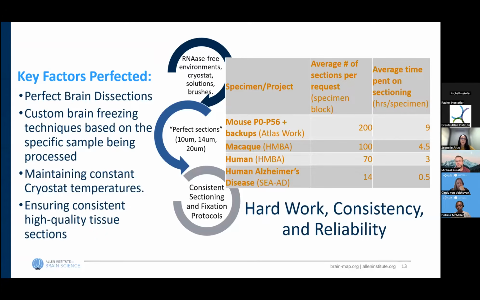Also, for example, for the macaque, we take 100 slices and we take an average of 4.5 hours. For the human sections that we use for the HMBA project or the CAD atlas, it takes us like 3 hours to process one tissue block, and half an hour for the human Alzheimer's disease project. So the key of all this is hard work, consistency, and reliability. Next.